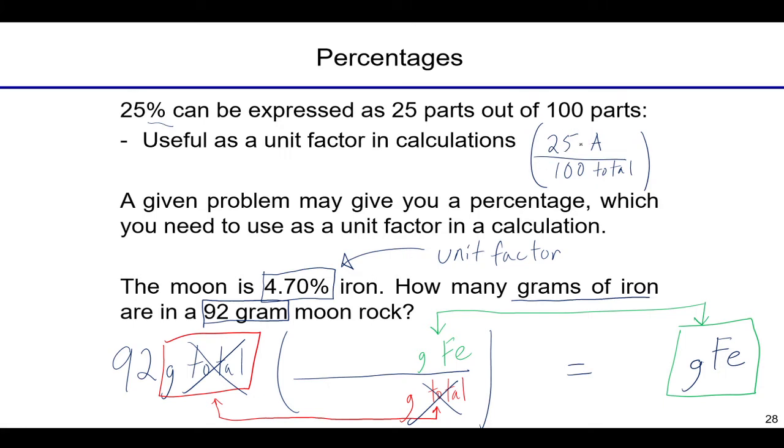That is that amount of iron over a total. And look, we have iron over a total. So what we're going to do here is put the 4.7 and the 100 here. And this is what allows us to calculate, multiply across the top, divide by the bottom. We should get 4.3 grams as our final answer, multiplying across like this, 92 times 4.7 divided by 100.